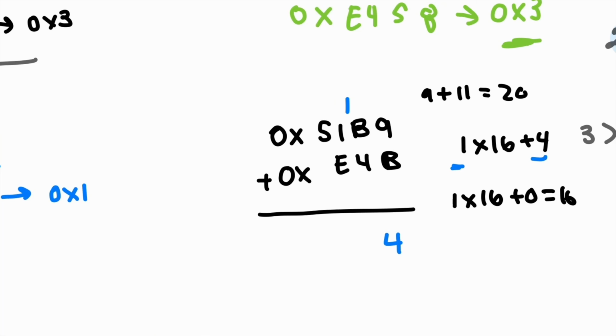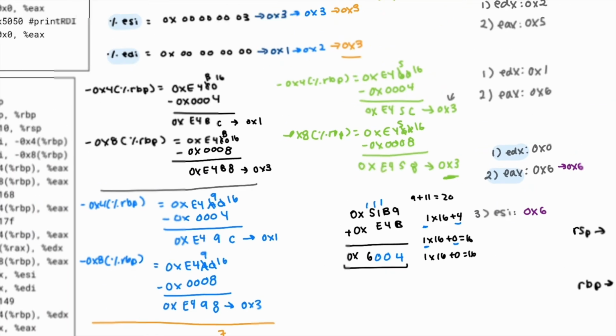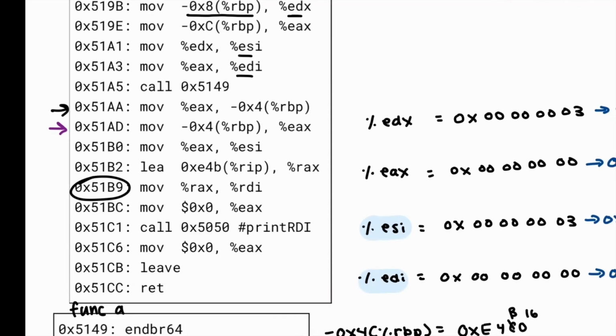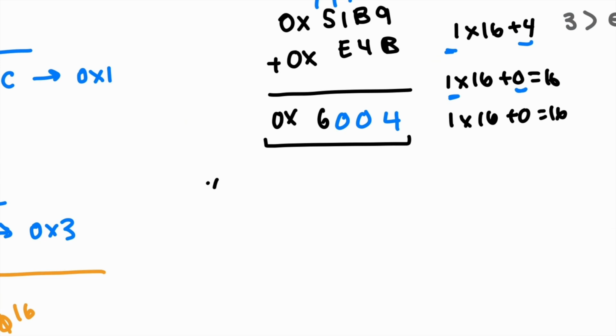So this 0 will be placed down here, and then this 1 is going to be carried up here. 1 plus 1 is 2, 2 plus E is 2 plus 14, which is 16, so this is just 1 times 16 plus 0 again, which equals 16, so then that 0 goes down here, and then this 1's carried up here, and then 1 plus 5 is 6, so we get our final value is 6004, and this will be placed into RAX.